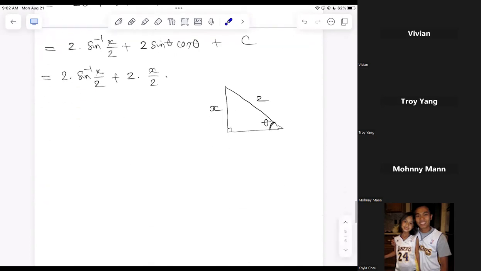If this angle is theta, the opposite is x and the hypotenuse is 2.